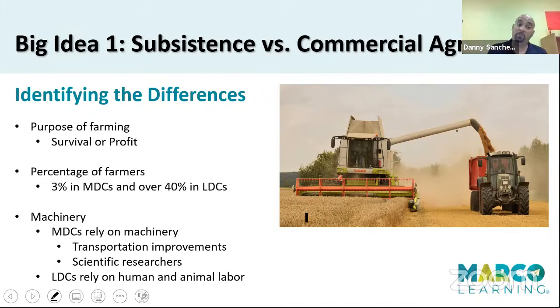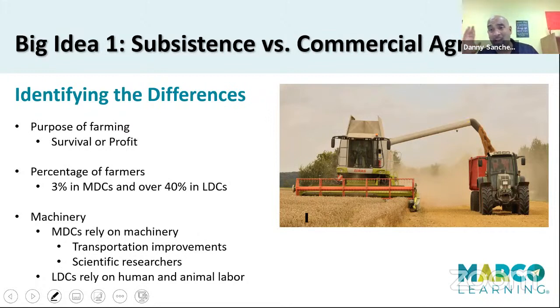Next, the shift, the percentage of farmers in more developed countries, in the rich world, globally, it's about 3%. In the United States, it's even lower than that. It's about 1%. And the idea is you have a very small number of people that feed everybody. Additionally, in the poor world, the developing world, you're looking at over 40% of the people are involved in agricultural activity as their main job, as how they provide for themselves.